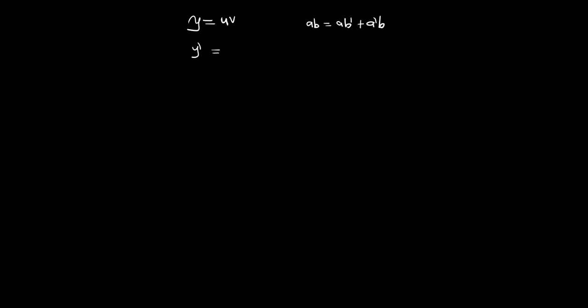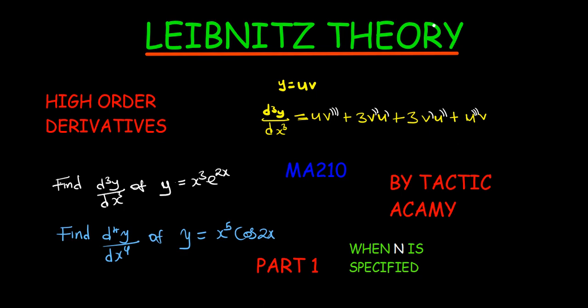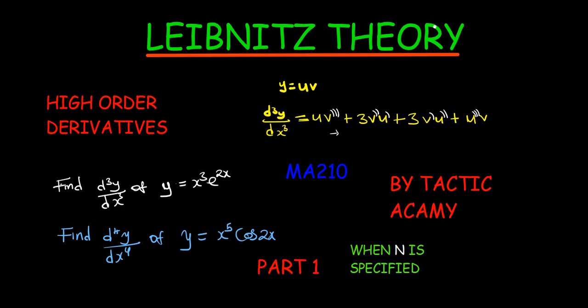Same case for this one: you differentiate the first one, let's say u, then you maintain v, plus again you differentiate v, then you maintain u, just like this. So that's the formula you saw on this page here. That's how it came about.